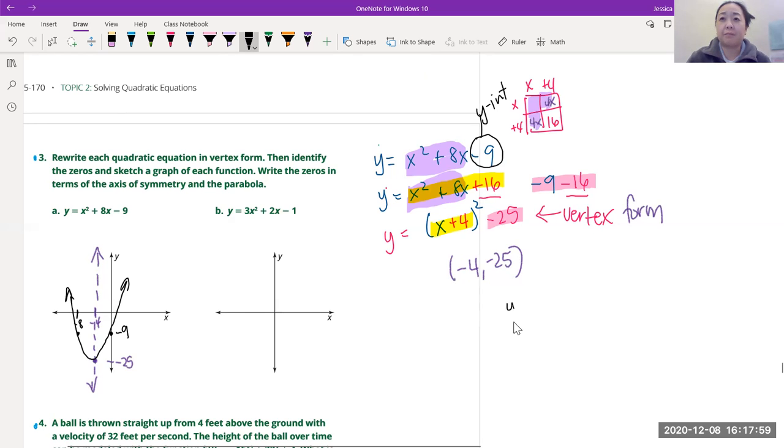Actually, we're kind of close. We're not that far away. So let's just do it here. Remember, on the roots, that's where y is equal to 0, right? So I could actually figure it out here. 0 is equal to (x plus 4) squared minus 25, right?